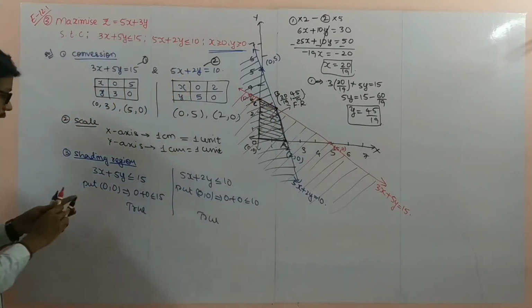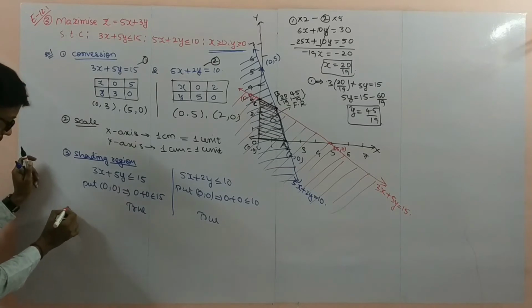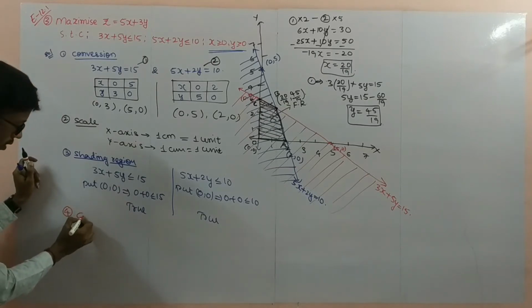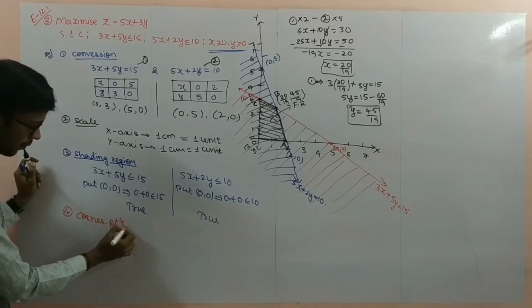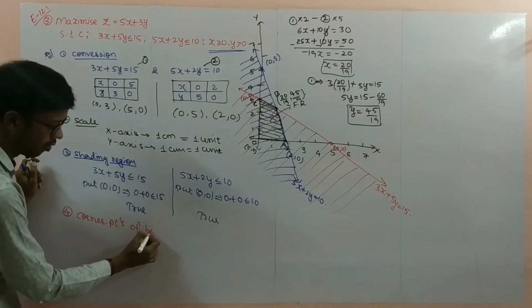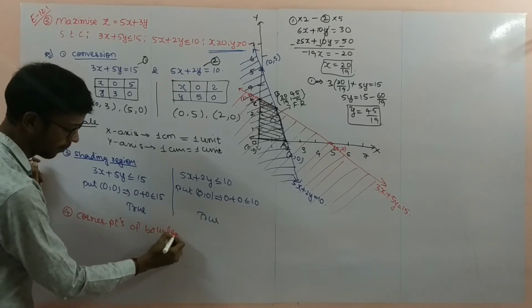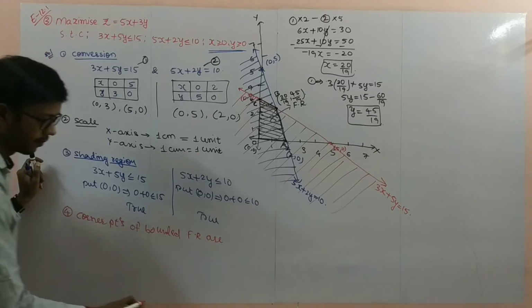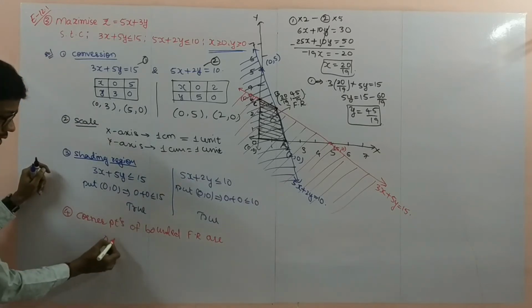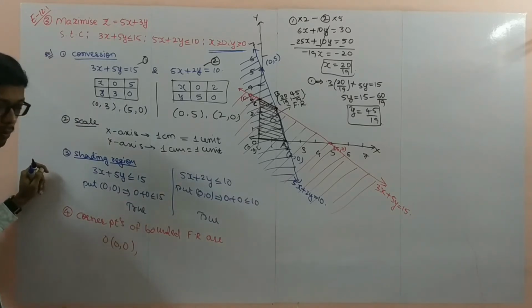Now you write down here the fourth point: corner points of the bounded feasible region are, what are the boundary points here? O is 0, 0, one boundary point.